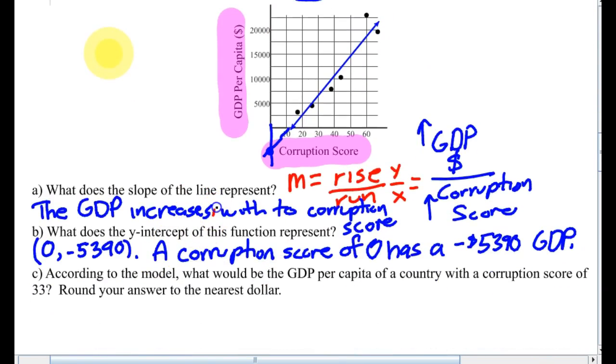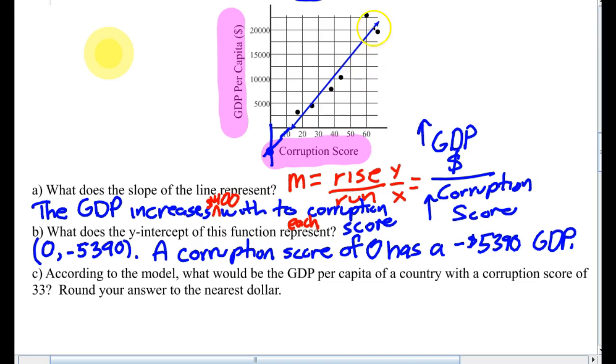I should say it increases $400 to each corruption score. So for every score, it's counted by tens here, but for every score it goes up from 1 to 2 to 3, that means the GDP goes up $400. So it makes logical sense.